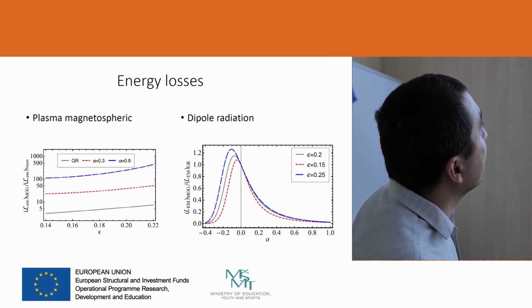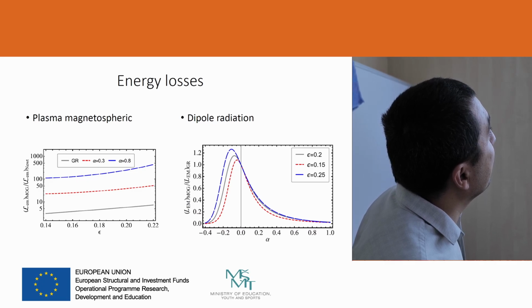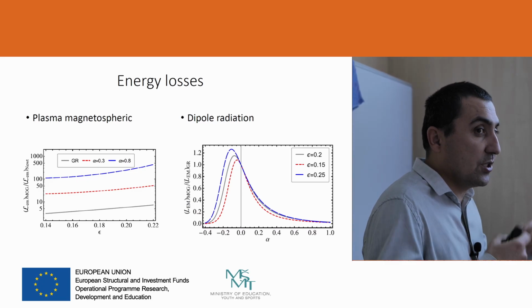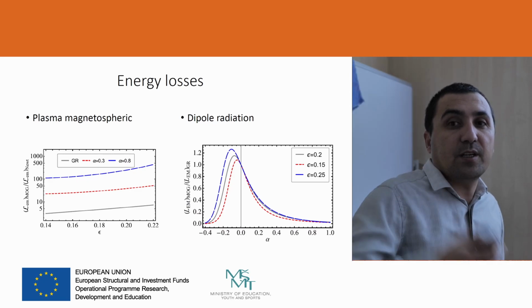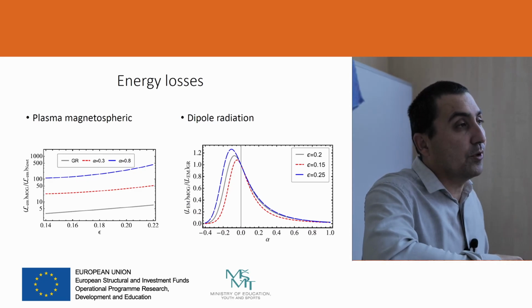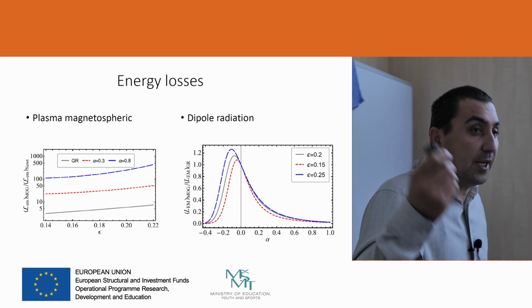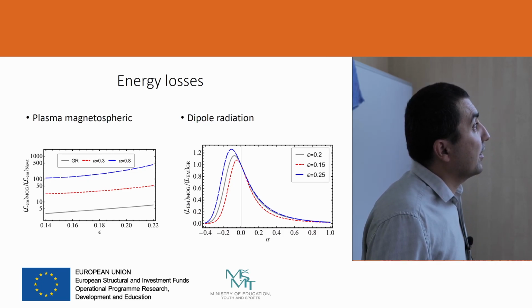has two parts. We can divide it into two: plasma magnetospheric radiation, which comes from particles along open field lines, and dipole radiation.